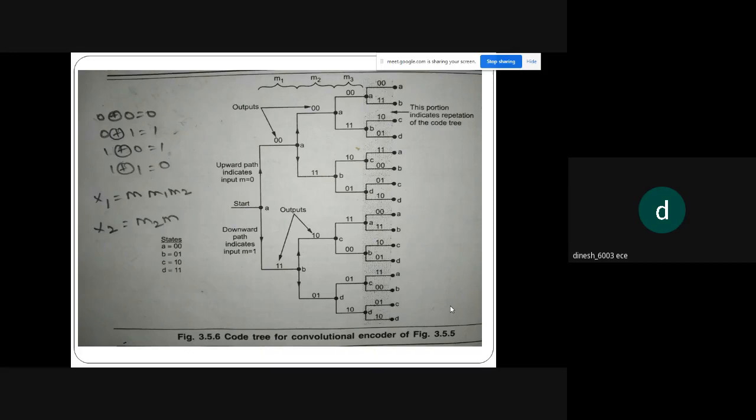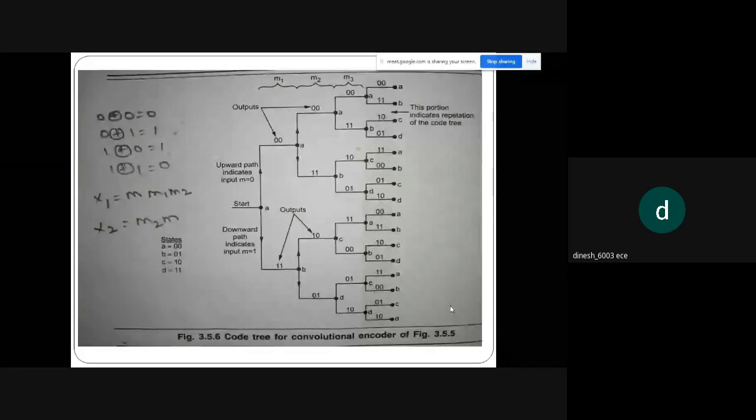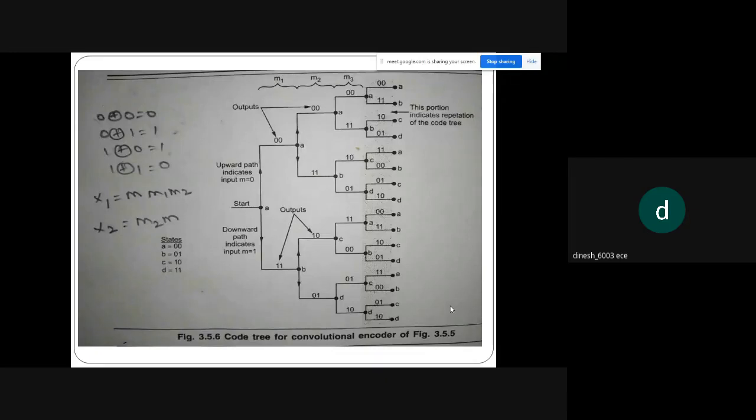What I'm going to draw in this actual code tree is that in the previous analysis of the given problem, I did not substitute.